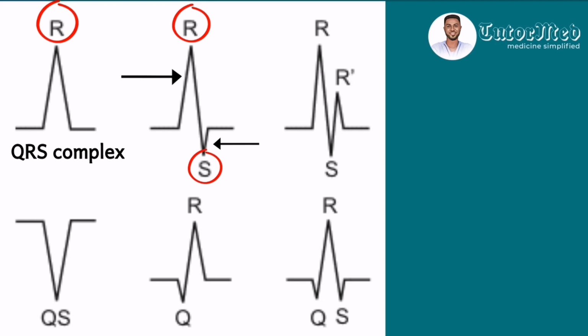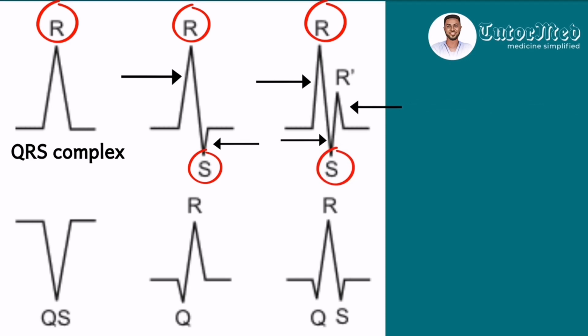The third one, it has three waves. The first is a positive wave, and so we name it the R wave. The second is a negative wave, but this negative wave came after a positive wave, and so it is the S wave. Then after the S wave, we have another small positive wave. It is an R wave.